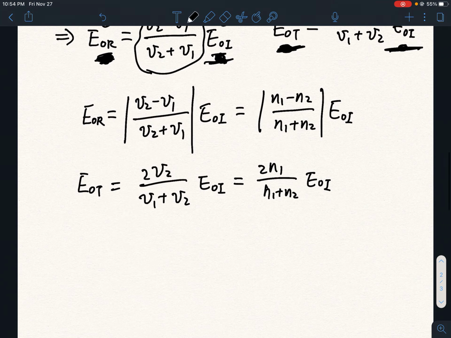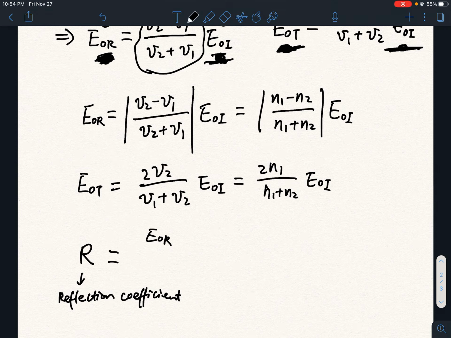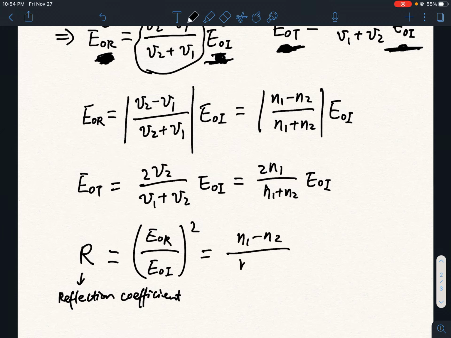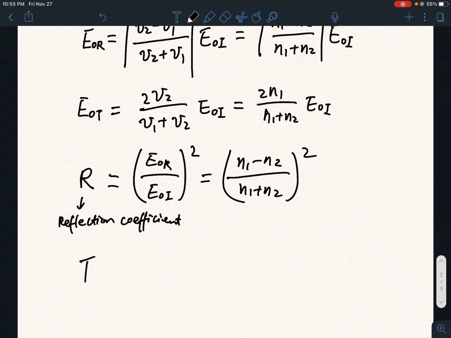If we talk about the reflection coefficient, which is the amount of energy in some sense, R is (E0R divided by E0I) squared, because this reflects the amount of energy reflected. This gives us ((N1 minus N2) divided by (N1 plus N2)) squared.